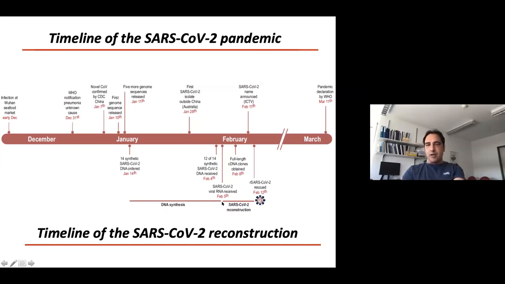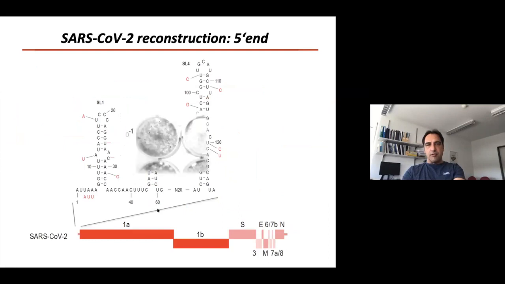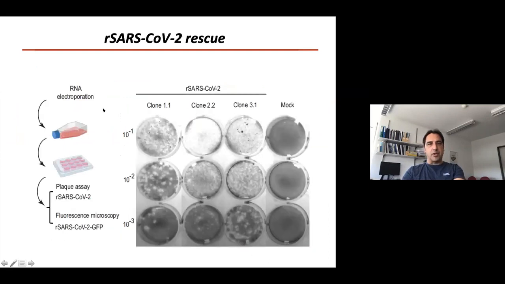So then it took 1 week to get the virus. So I may skip a few slides. So this is essentially the rescue. We made the same procedure. We electroporated and then we looked in the supernatant for plaques.